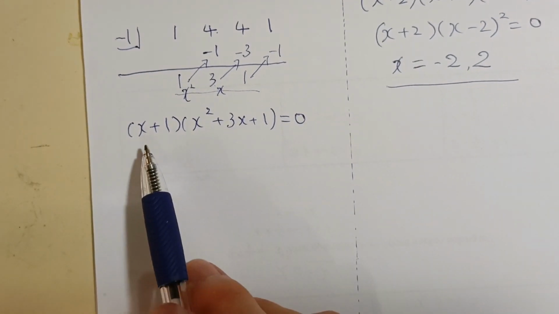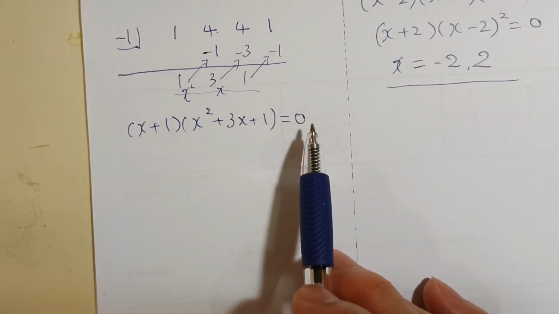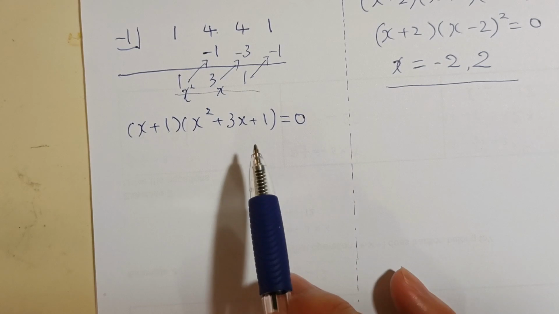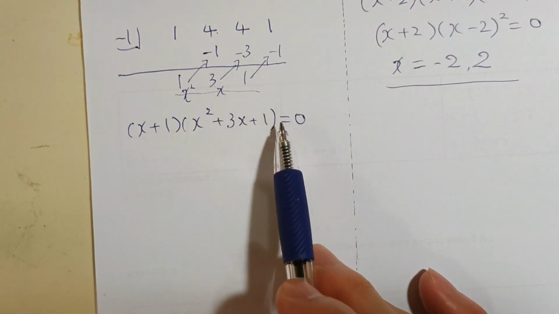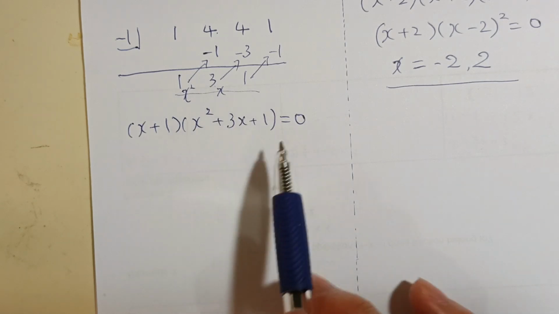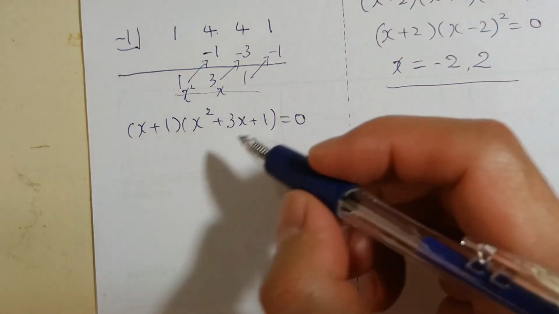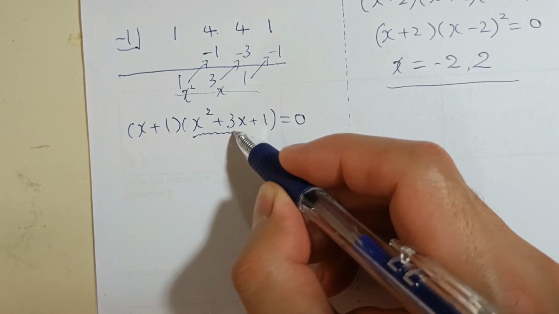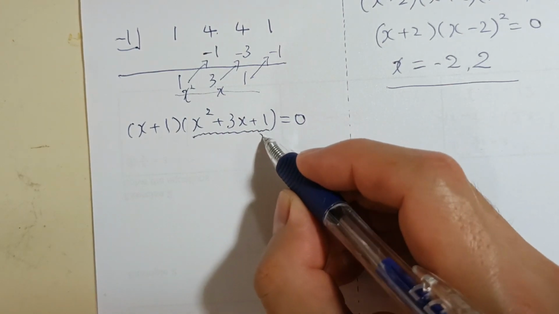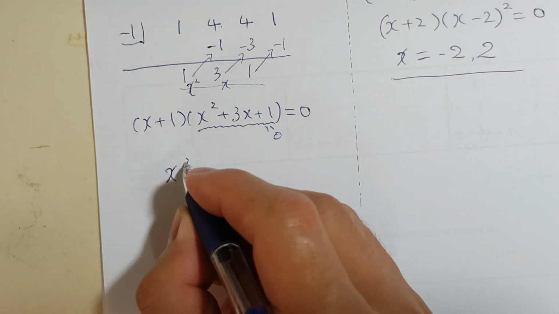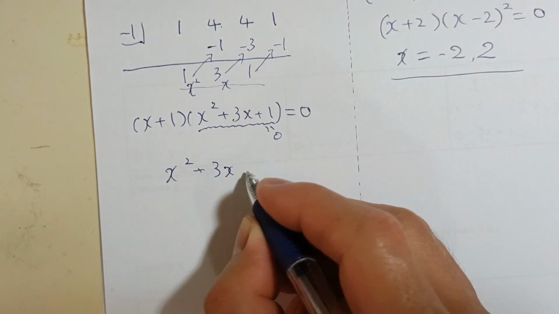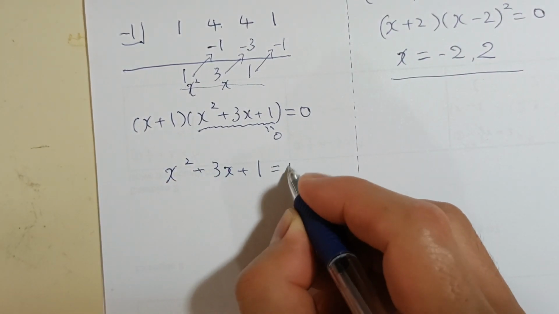Then if x equals -1, this equation works. And then if this expression is 0, this equation works, isn't it? Which means we need to figure out the solution of this one equals 0. Right? So x squared plus 3x plus 1 equals 0.